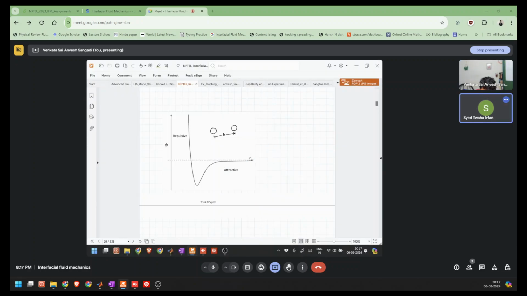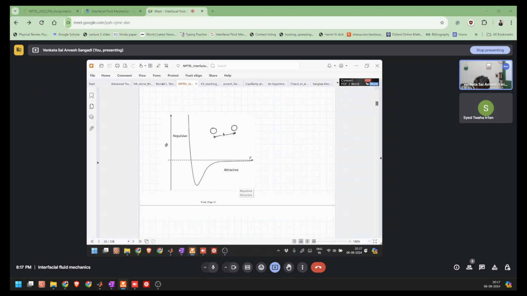Okay, thank you. The repulsive and the attractive forces: we are talking about the order of magnitude of the atomic length. When we are really close to that, we have repulsive forces, and when we are a little further away, we see the van der Waals forces.